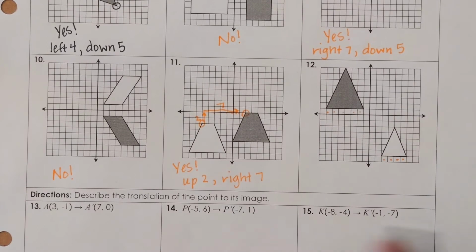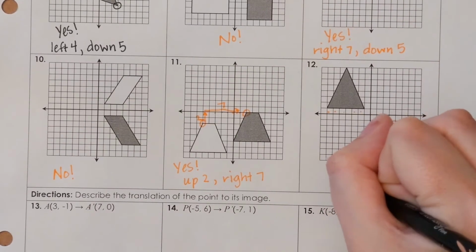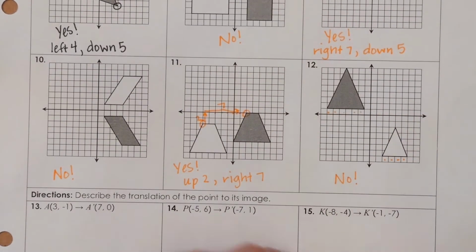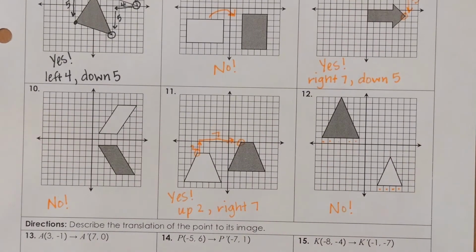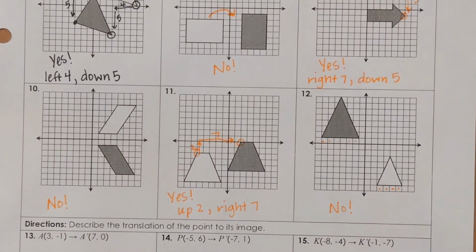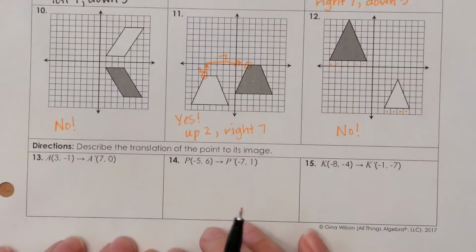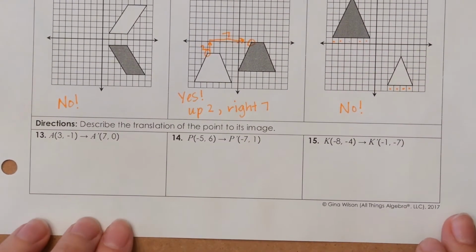So they have actually changed the size of the figure. That's called a dilation. We are not going to talk about that this year, but that is a different type of transformation, not a translation. I know that those are very similar words, so make sure that you're really thinking about what they mean and which one's which.